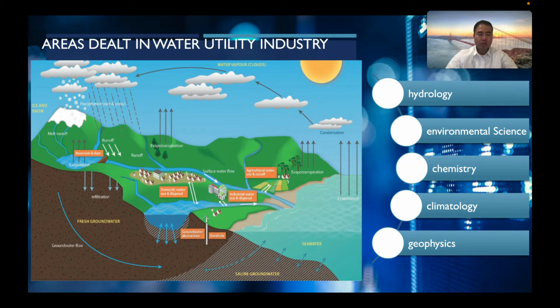We are also drinking the water, so the water has to be really clean. So environmental science is a big part of the water industry. We need to monitor how clean the water is, and if it's dirty, we have to make it clean, so that people can drink clean water.